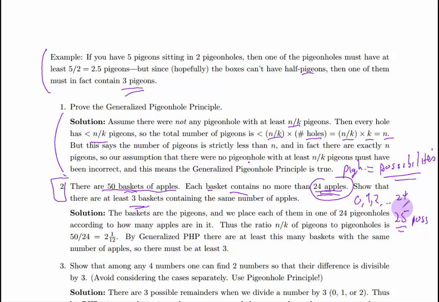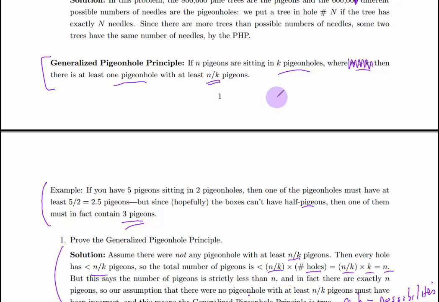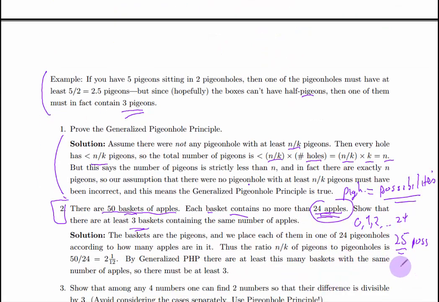So my number of pigeonholes is going to be, let's see, what number was I using for pigeonholes? Was it n or k? K was the pigeonholes. So 25 is equal to k. And what are my pigeons? Well, each basket is a pigeon because each basket has to fit in one of these 25 possibilities. Okay.